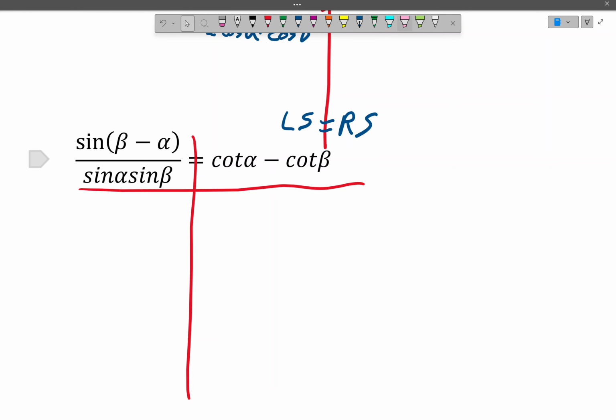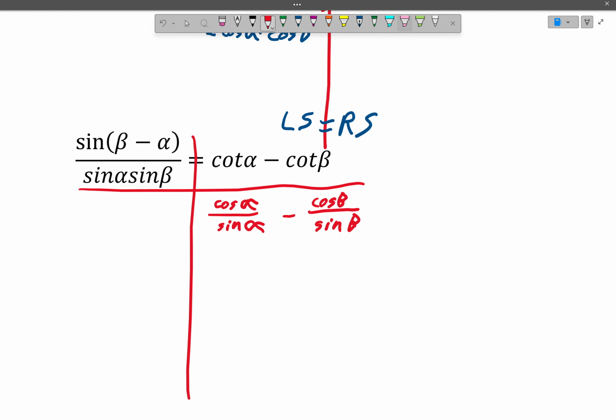So we're going to deal with that first, which is cos alpha over sine alpha. And then it's cos beta over sine beta. Now, already that's one thing we can do.